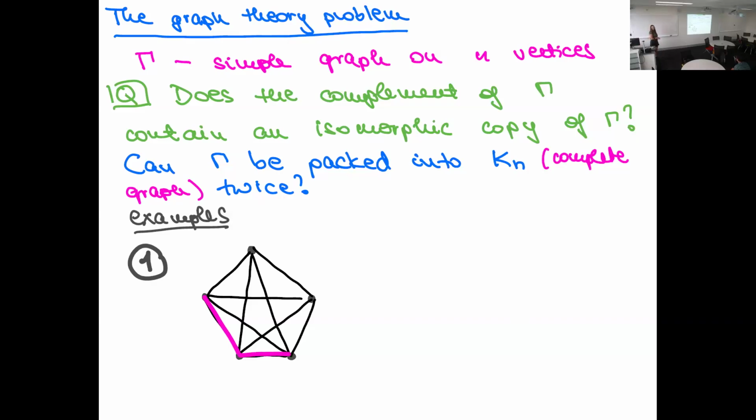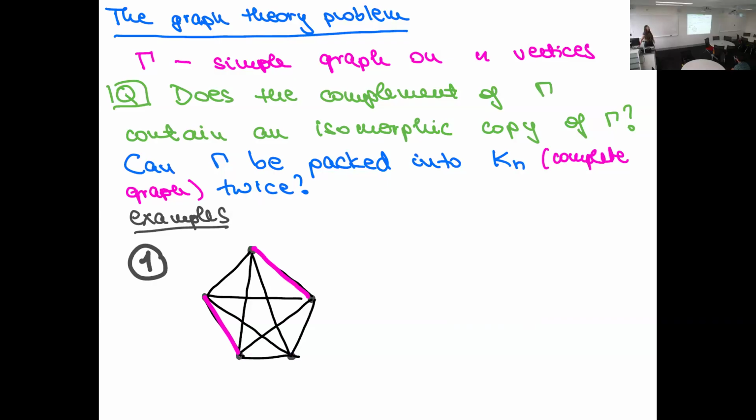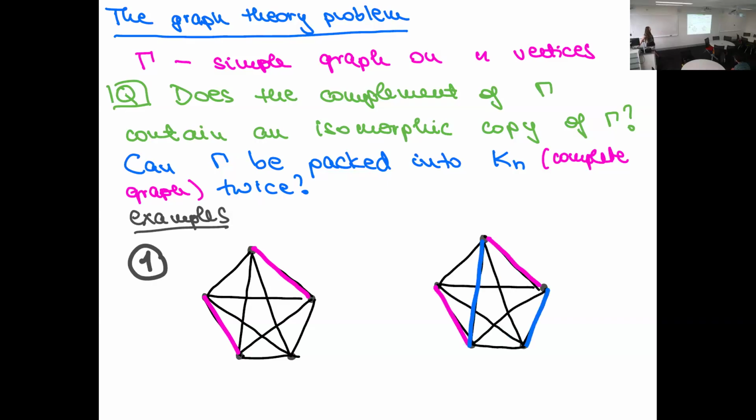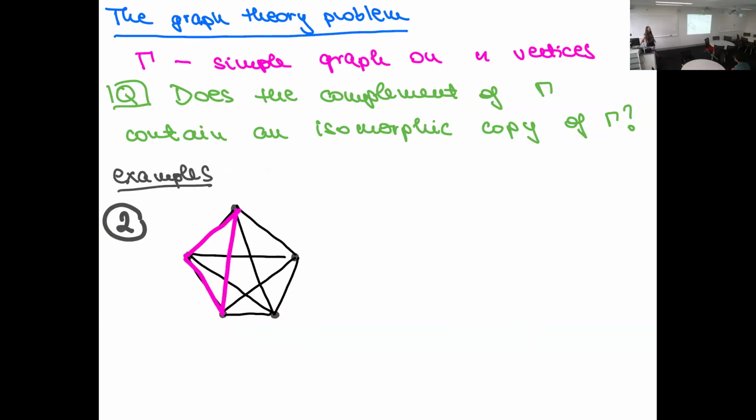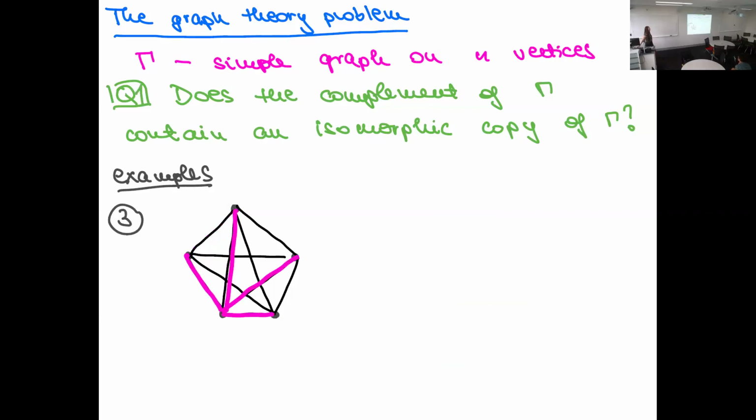Can we find an isomorphic copy in the complement? Yes. For example, this one, very good. How about this? 2 edges far from each other. Yes. For example, this one, very good, very happy. How about this triangle? Yes. So here we go. We found it. Very good. Maybe the answer is always yes. How about this one?